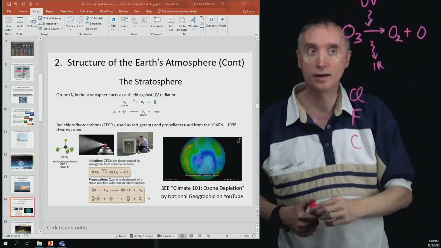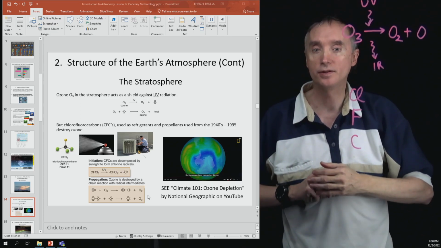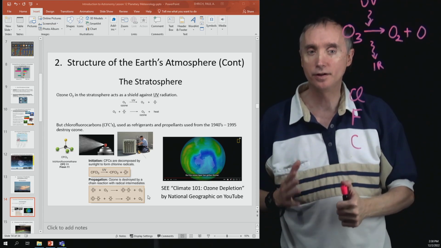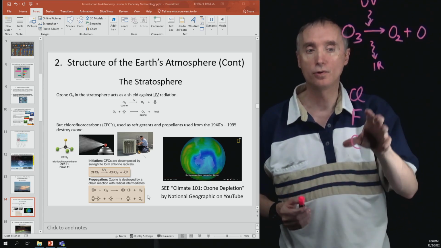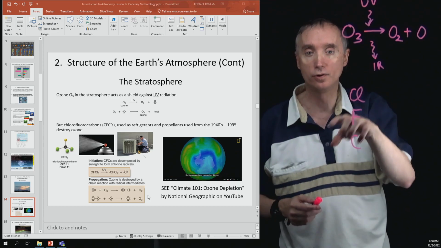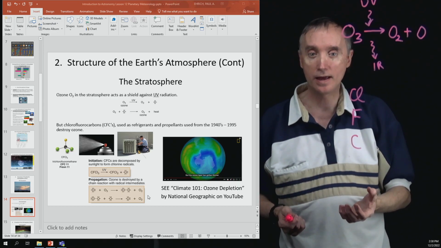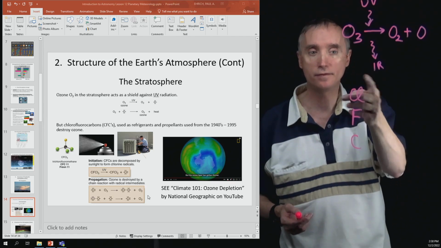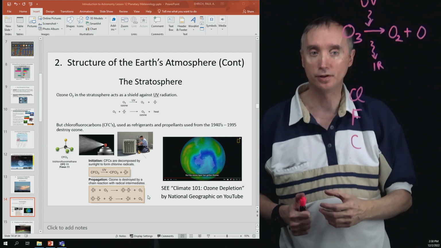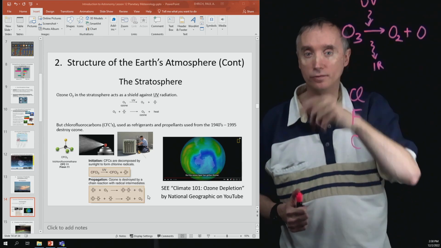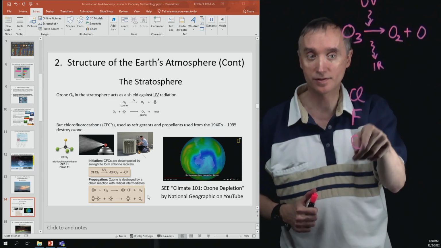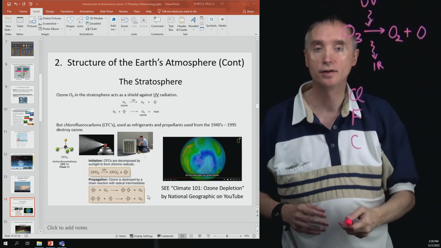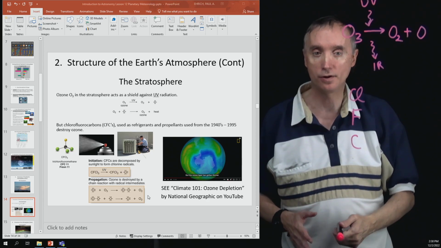And so the ozone is destroyed by these chlorofluorocarbons. Given enough time, these chlorines will destroy themselves, and then everything's okay. But one molecule of CFC can destroy 1 million molecules of ozone before it itself is neutralized. So we were really damaging the ozone layer for many, many years.